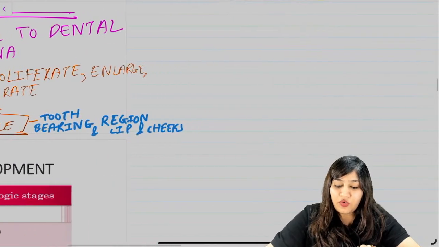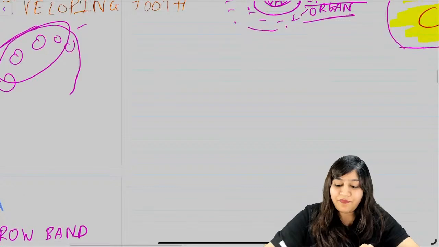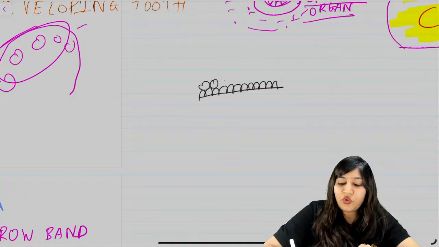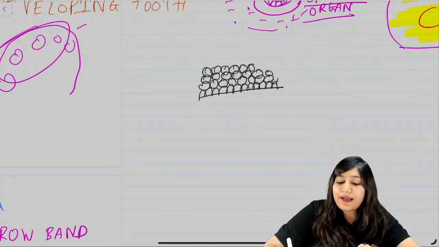So till now basically we have understood that the oral ectoderm was present, right? 2 to 3 cell layered stratified squamous epithelium. Underlying was our ectomesenchyme, right?